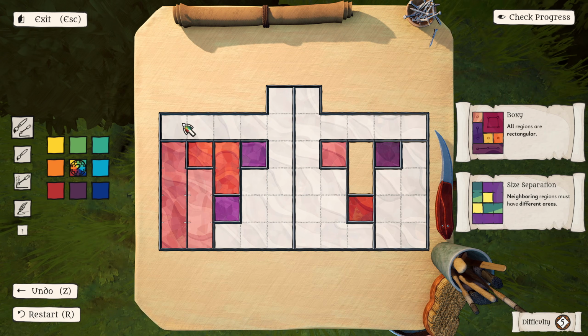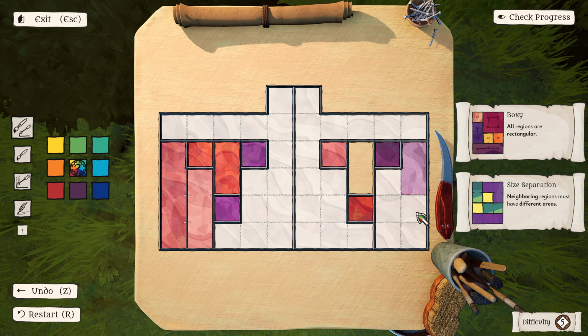The whole thing is symmetrical, which is... Except, oh no, I can put a 2 either here or here, which I can't do on that side. So that's probably going to become important. This can't be a 1. Has to be at least a 2. That can't be a 1.